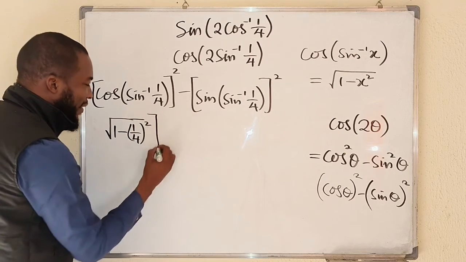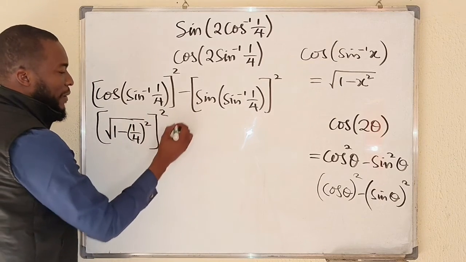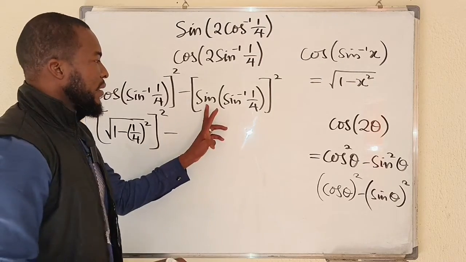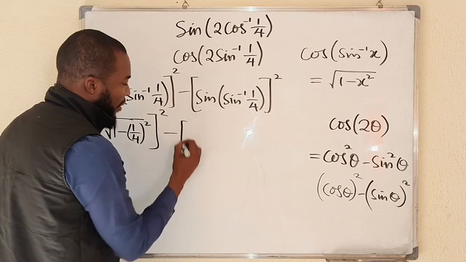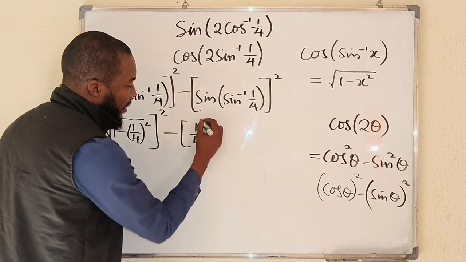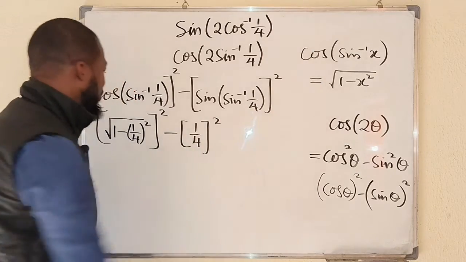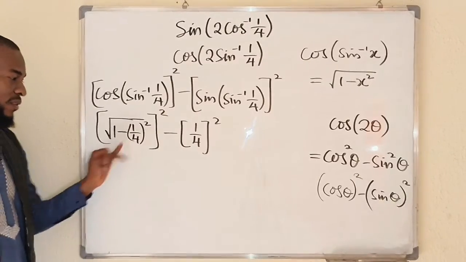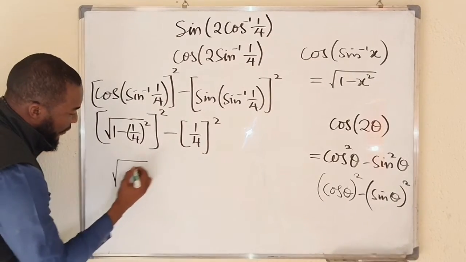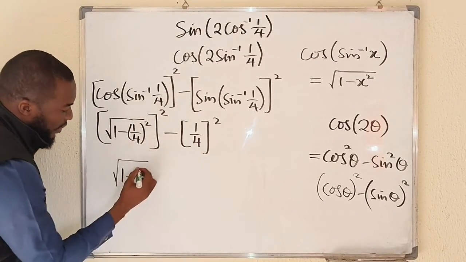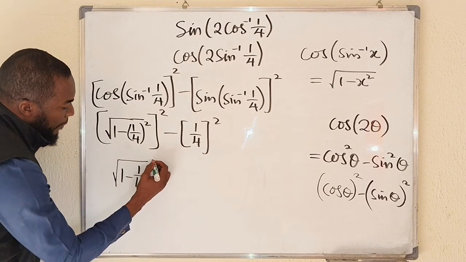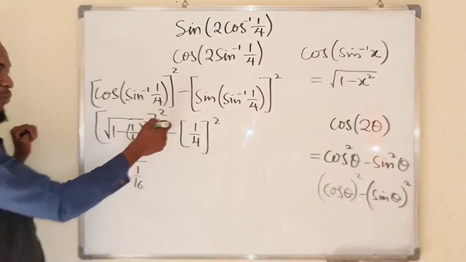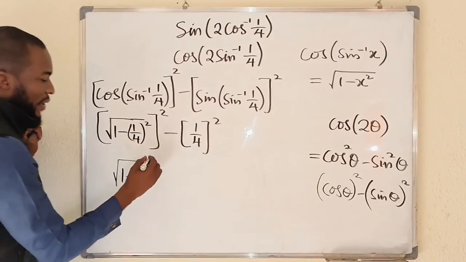But remember, we have another squared outside. Minus, the sine and sine inverse will cancel, leaving only 1 over 4, but it has a power of 2, remember. So this is the square root of 1 minus 1 squared, which is 1, over 4 squared, which is 16, right? But this power of 2 will cancel this square root.